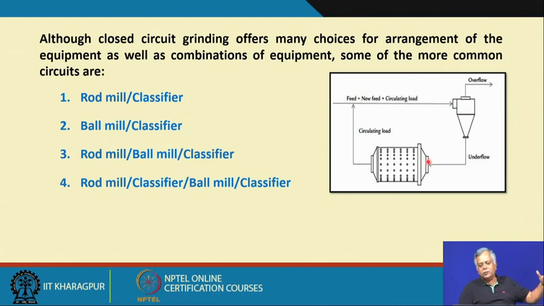That crusher may already have produced some portion of minus 40 micrometer particles. So, why send it directly to a ball mill if that is the situation?